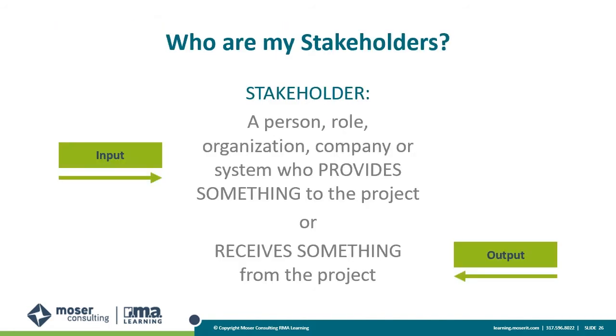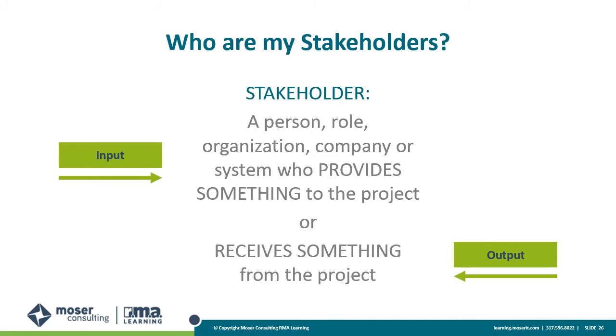Next, we want to talk about stakeholders. The stakeholders are a person, role, organization, company, or system who either provides something to the project or receives something from the project. Earlier, I referenced that project teams are made up of stakeholders. This is the busiest and most important role of all.